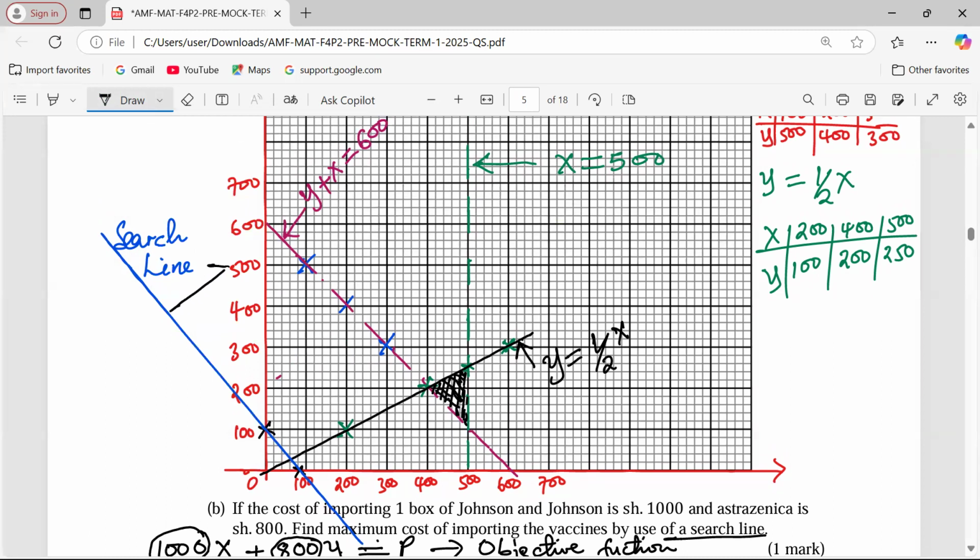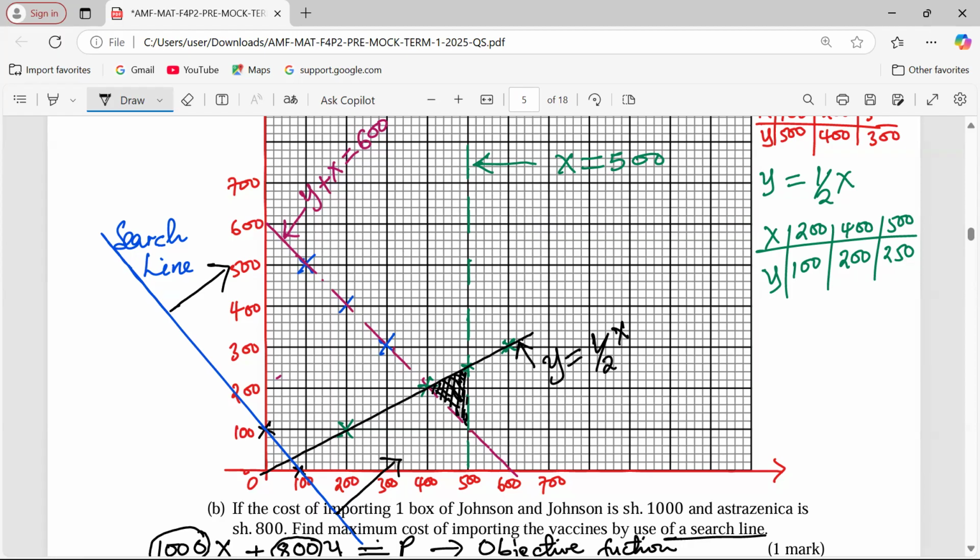We'll slide the ruler such that this search line is introduced to the region. Then we identify the coordinate which is going to be the last within the region, and it is within the required region.